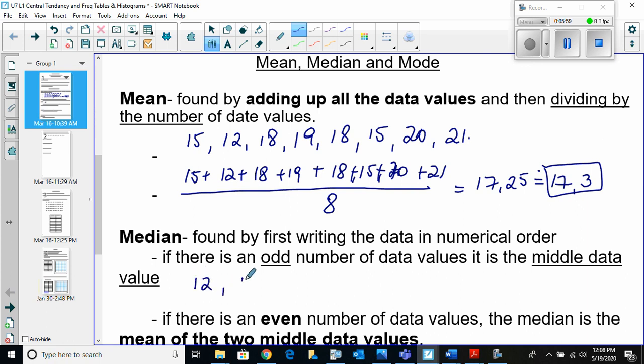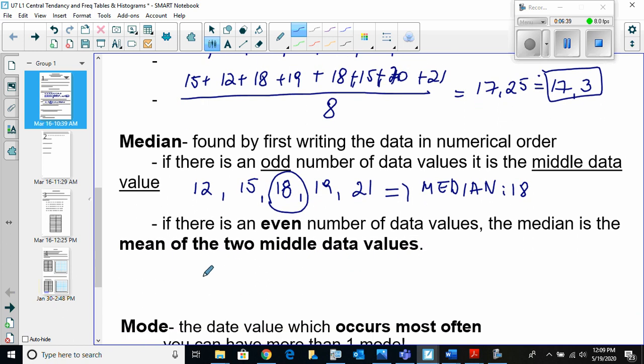So let's say it's 12, 15, 18, 19, 21. So the middle number is 18, and we have 1, 2, 3, 4, 5, which is an odd number. So the median is 18. The numbers are sorted from the lowest to the highest, the number of data values is odd, and the middle one is 18.